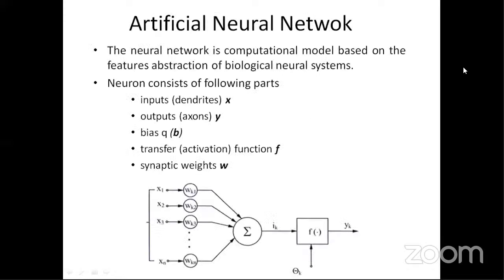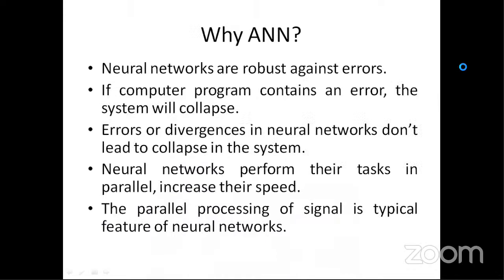As Monica said, in artificial neural networks there are inputs and weights, a bias, threshold functions and outputs. With that, the machine can be trained and the prediction can be done automatically. Why are we going for a neural network?